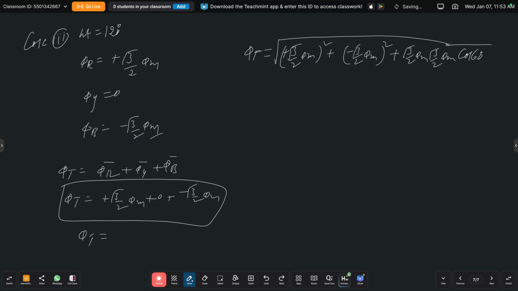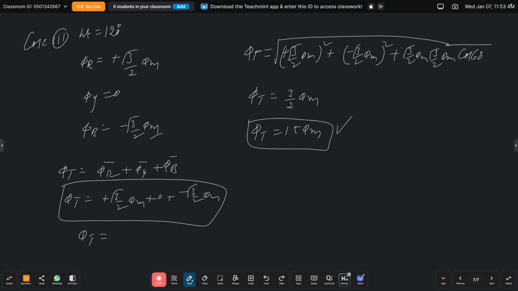The Pi y term is 0 and not required. So we get Pi t equal to 3 by 2 into Pi m, or the total flux is 1.5 times the maximum flux. This is the flux magnitude.